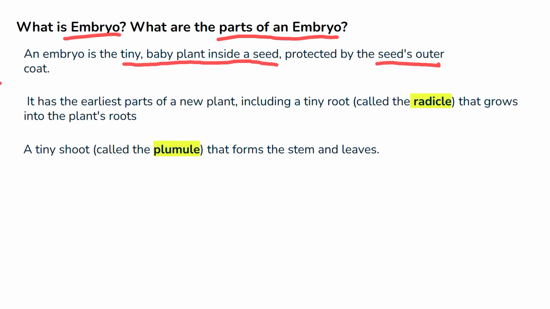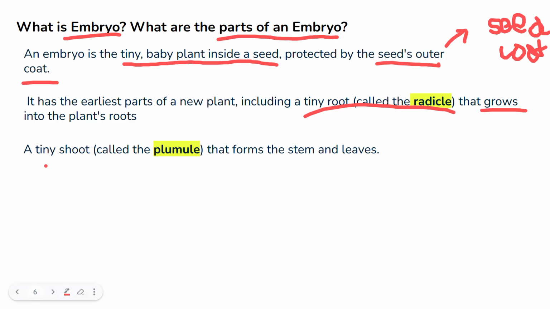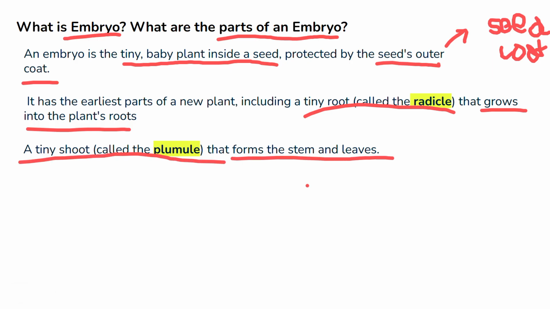This outer layer is called the seed coat, which we were talking about. Every embryo, or baby seedling, needs a seed coat for protection. It has the earliest parts of a new plant, including a tiny root called the radicle that grows into the plant's roots, and a tiny shoot called the plumule that forms the stem and the leaves.